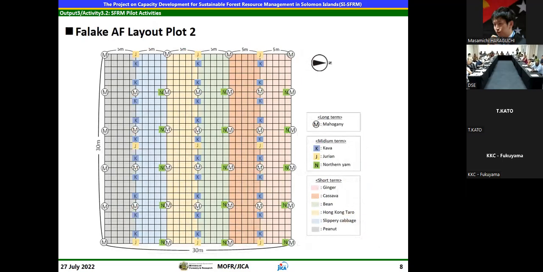In the second plot, because it was previously an existing mahogany plantation, they already have mahogany in that plot, and they do thinning, and they plant kava, durian, the medium term and short term between the thinned mahoganies.